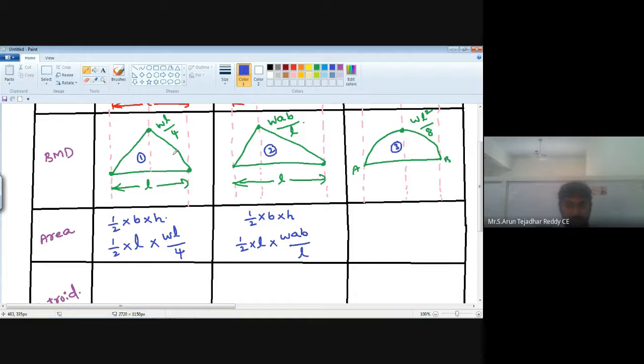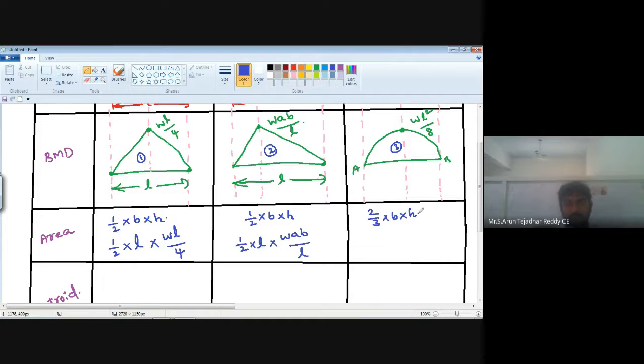Now coming to the third diagram, find out the area. How does it look? It looks like a parabolic shape. So the area of a parabola is 2/3 of base into height.